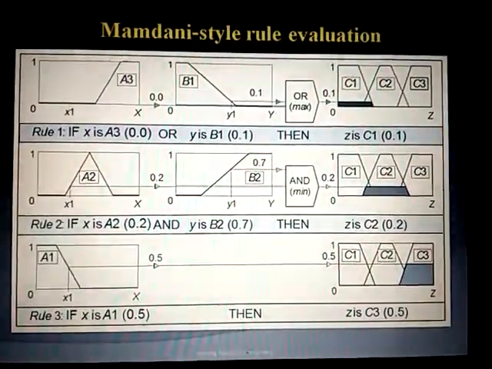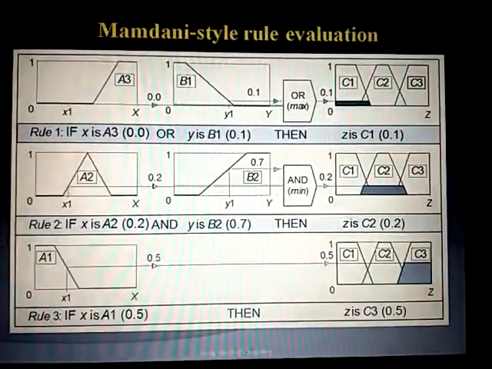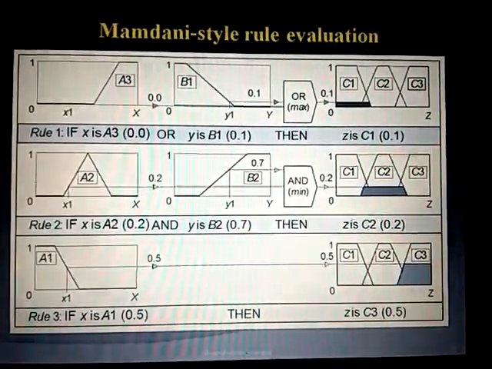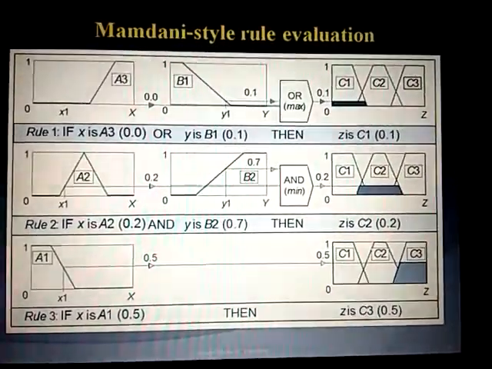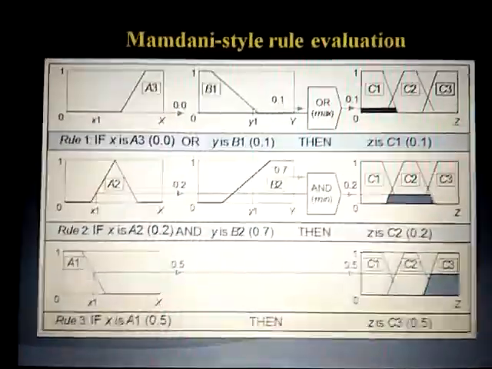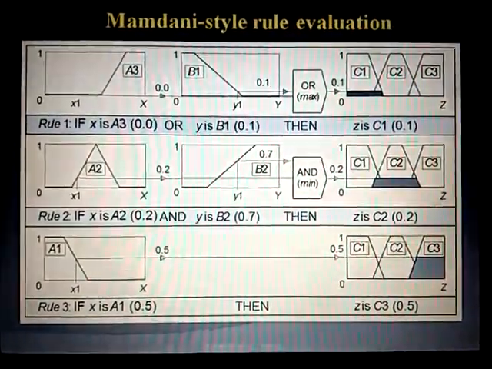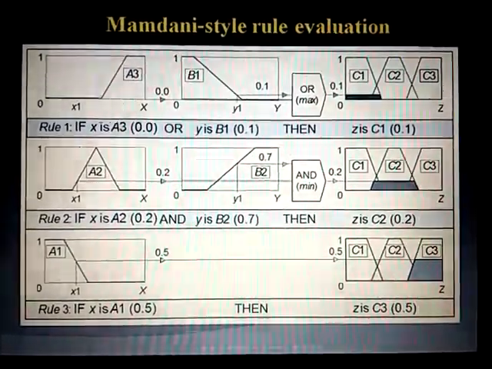Here, rule 1: if x is A3, the membership is 0, or if y is B1, that is 0.1, then z is C1, that is 0.1, because here we are using the Mamdani style rule evaluation.